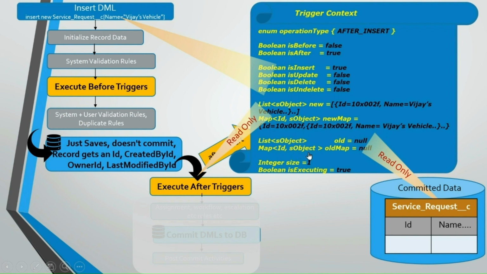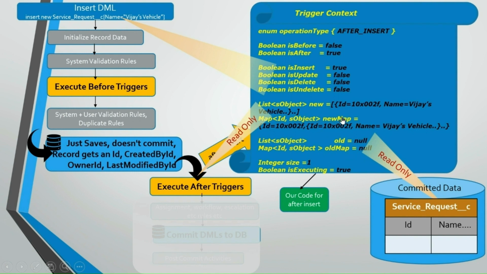In our code, we can make use of these trigger context variables and their values, and we can write our custom code using these variables and values. Please note that here the values are read only.